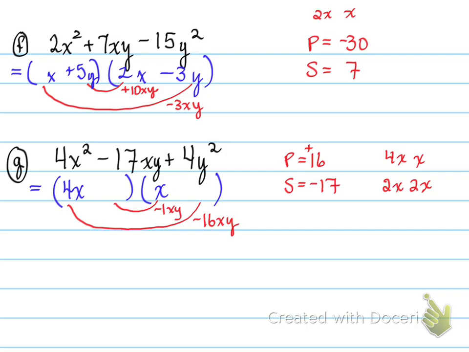And now we have to finish it. Finish it by putting our values. X times negative y is negative xy. And 4x times negative 4y is going to be negative 16xy.